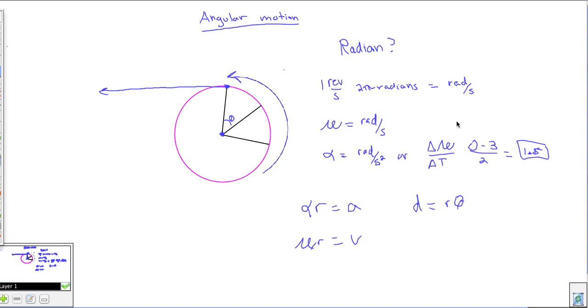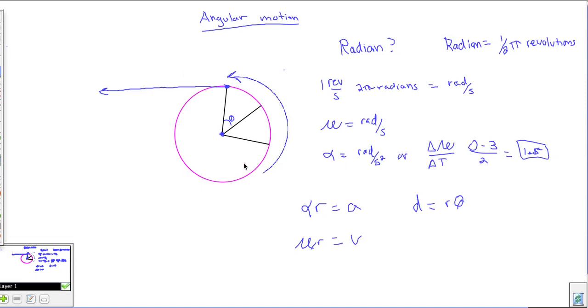So this is a little snapshot of what angular motion is, what a radian is, and how you convert from radians. There are 2 pi radians in a revolution, or you could do it the other way around and say a revolution equals 1/2 pi radian. So you can convert both ways, backwards and forwards. Also, in angular motion, if the motion is counterclockwise like this, it is seen as positive.